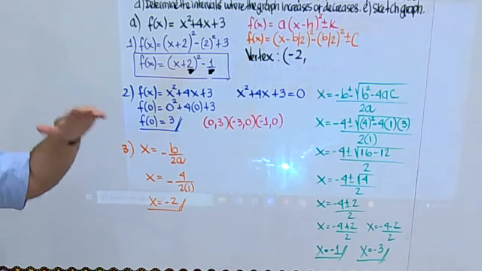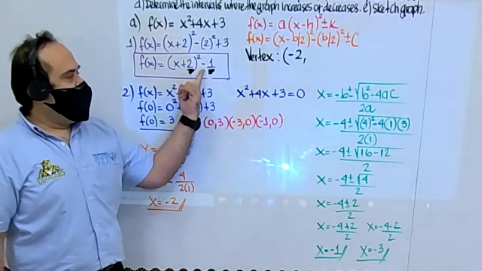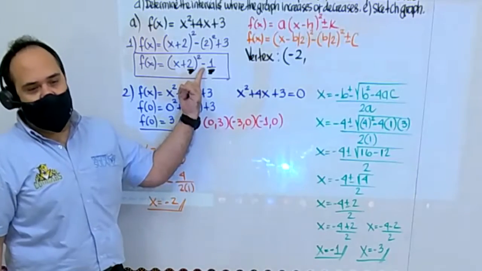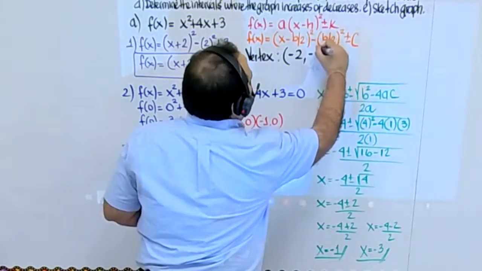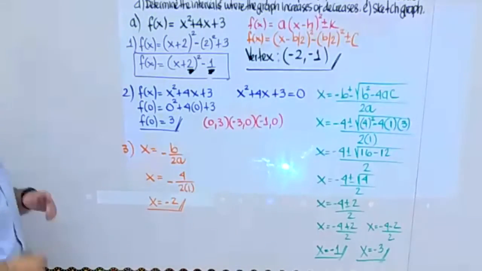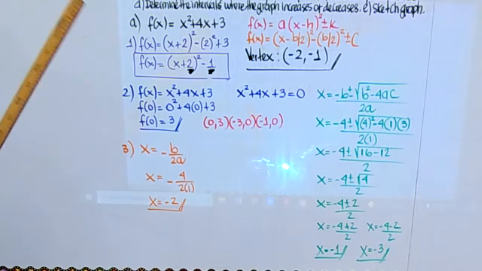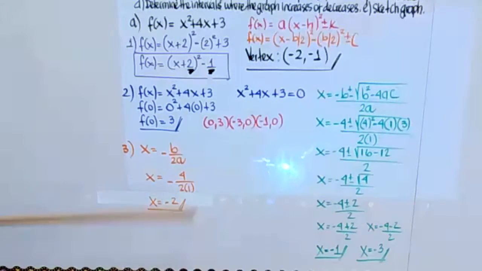If the graph is going to move upward or downward, in that situation I'm going to copy the same number with the same sign, the outside number. In this case it will be negative 1. All right, and how do I know if you're doing the vertex well or badly? Simple, because if you compare the symmetric axis with the x coordinate of the vertex, it will be the same number with the same sign, and you're going to see, yes, perfect, we are doing well.